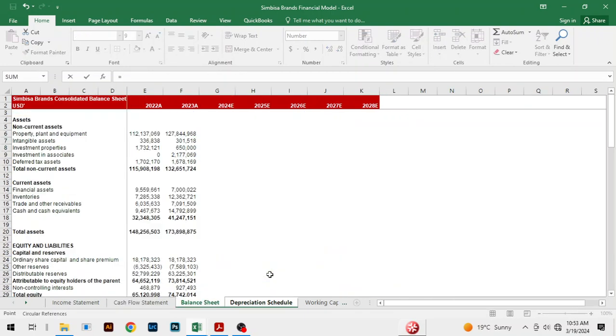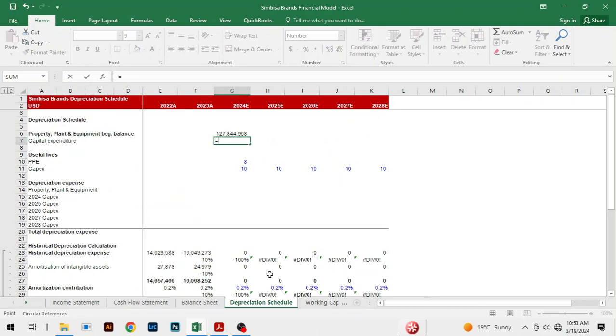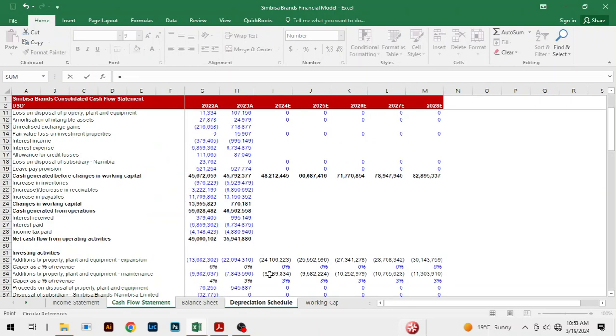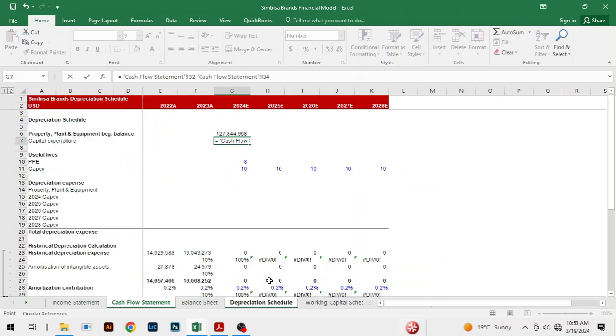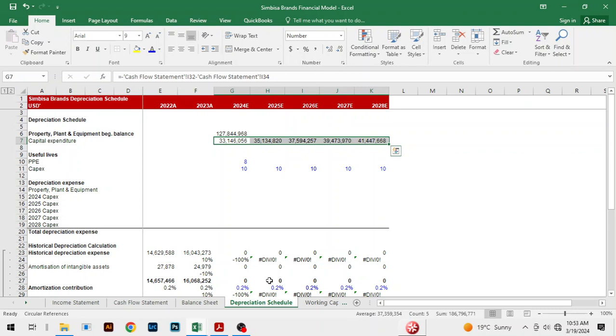So let me go back again. So I'll say negative, and then cash flow, and then I say negative. Perfect. So this is the formula that I've been looking for here, that brings the figures in a positive way.